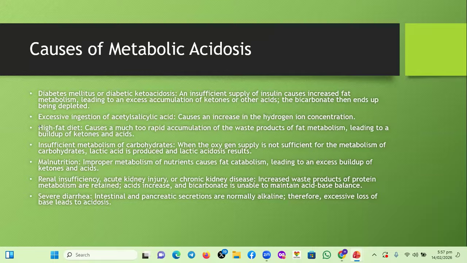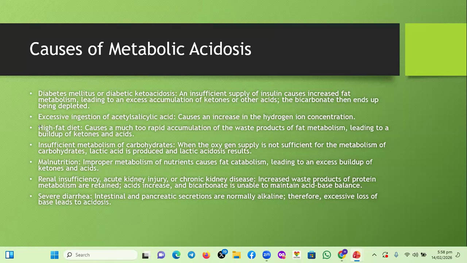High fat diet. So we understand that fat metabolism will lead to ketones. And so the same thing, if someone likes taking too much fatty food, after digestion of fats, the end product, which is ketones, which is acidic in nature, will cause the individual to experience metabolic acidosis.